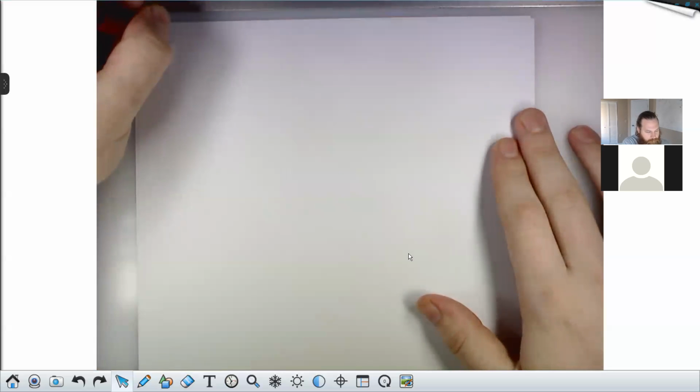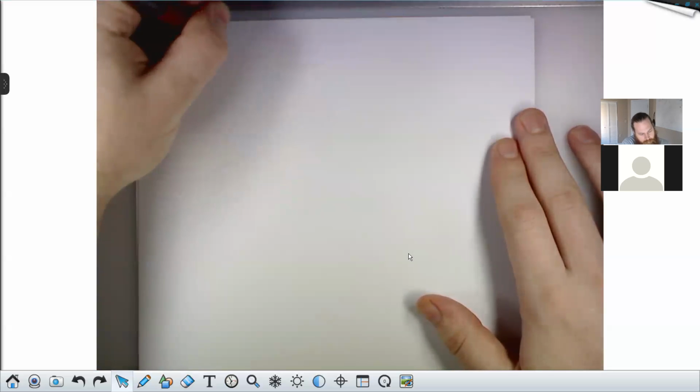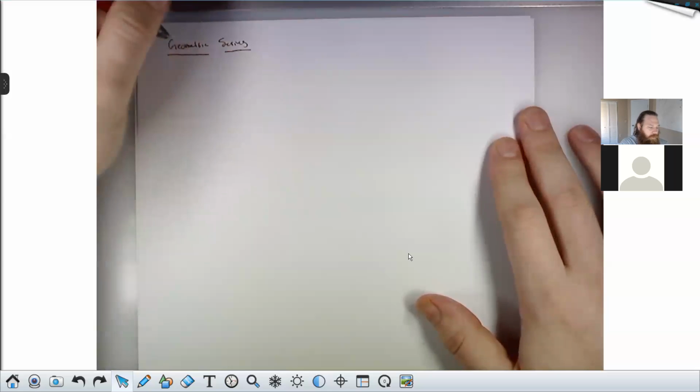Geometric series. So y'all remember what a geometric sequence was, right?